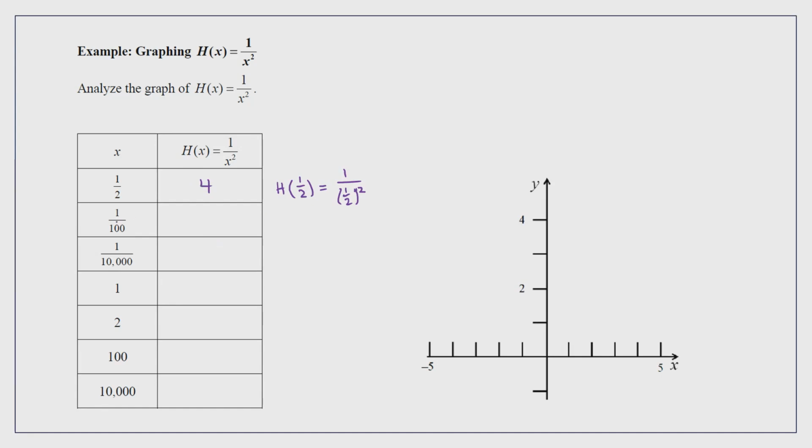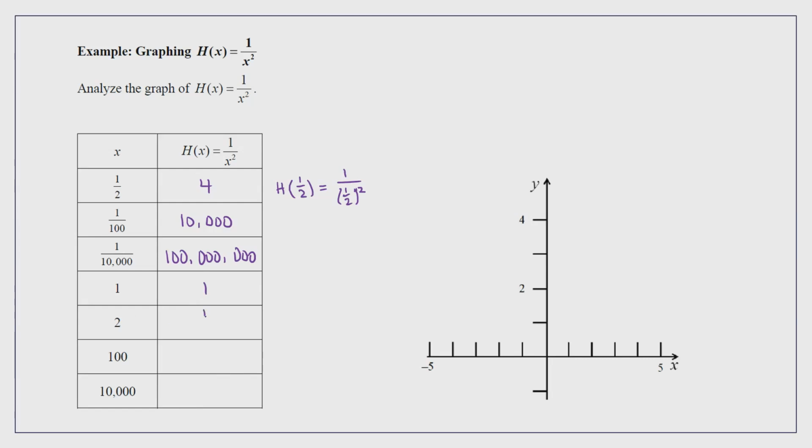When we do the same thing for 100, we would get 10,000. When we do the next for 1 divided by 10,000, we'll get 100 million. Then when we substitute in 1, we'll get 1.